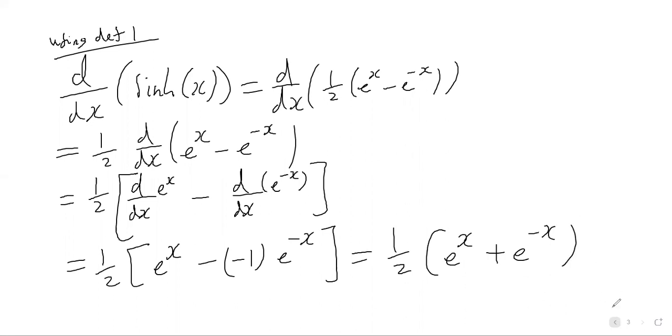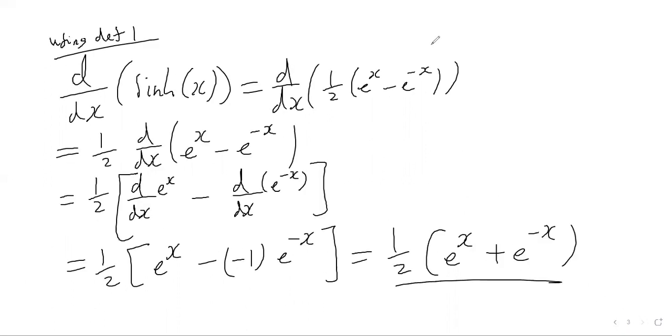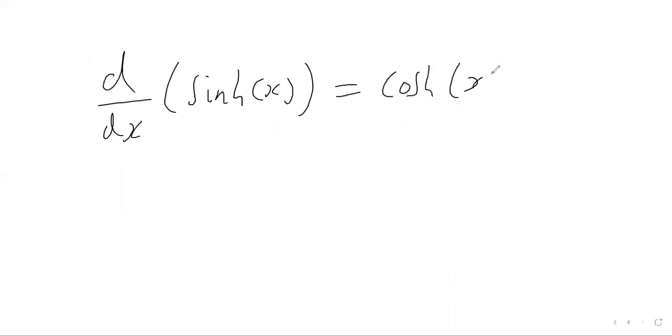But if we go back to this exponential definition for the hyperbolic cosine function, that is exactly the same as this. So this just equals cosh, or hyperbolic cosine of x. Therefore we can conclude that d by dx of hyperbolic sine of x is just hyperbolic cosine of x.